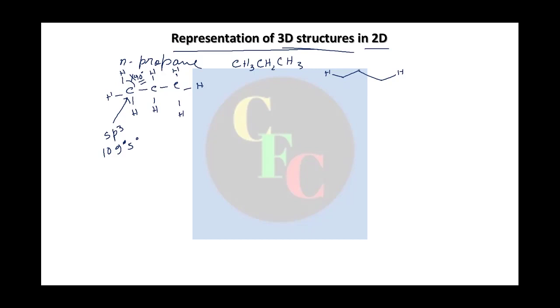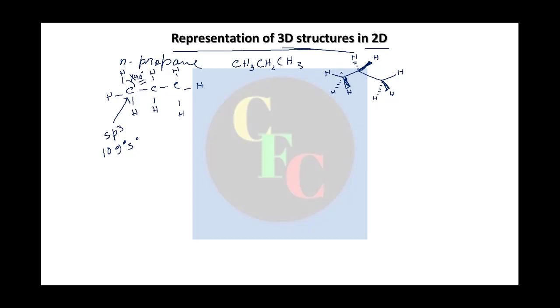We also write wedge bonds and dashed bonds, which depict that these are either out of plane, towards the viewer, or away from the viewer. So we can draw the same propane like this also. This gives us an idea of the orientation of the hydrogen atoms with respect to the carbons in three dimensions.